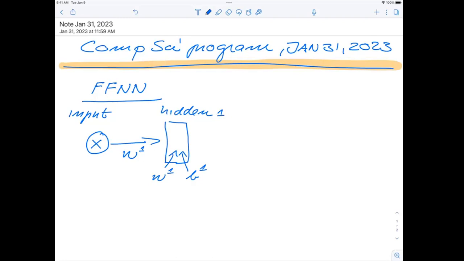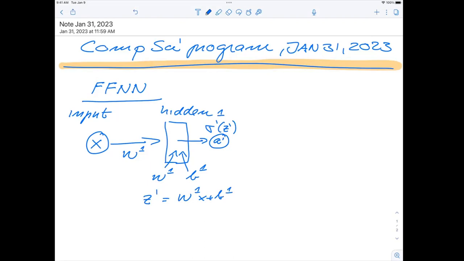Now this produced an output, which we labeled with an A1. And this was modulated by an activation function, which we call just sigma 1. And that had as input a Z1, where this Z1 is simply given by the matrix W1 multiplied with the input plus this bias B1.